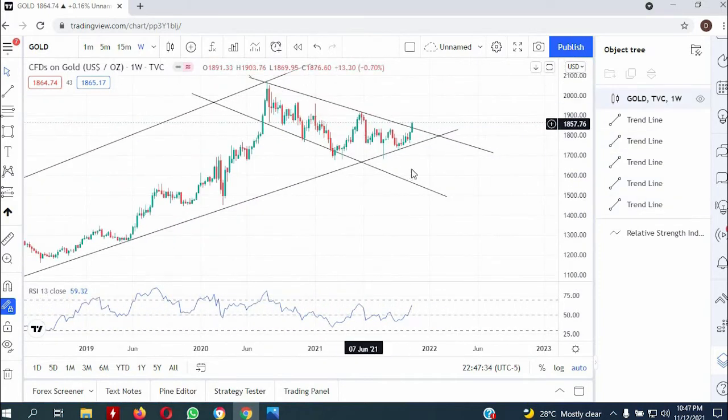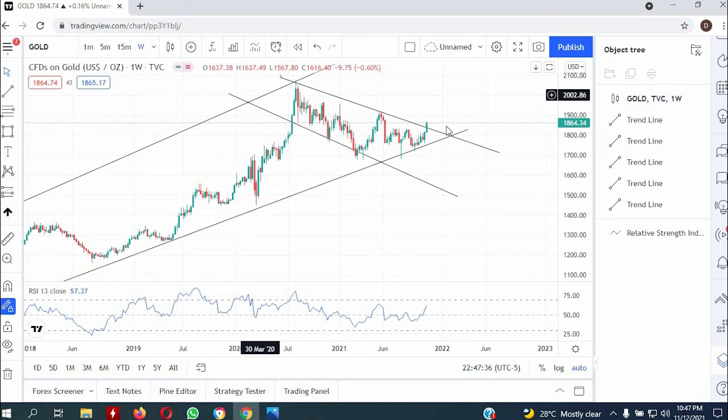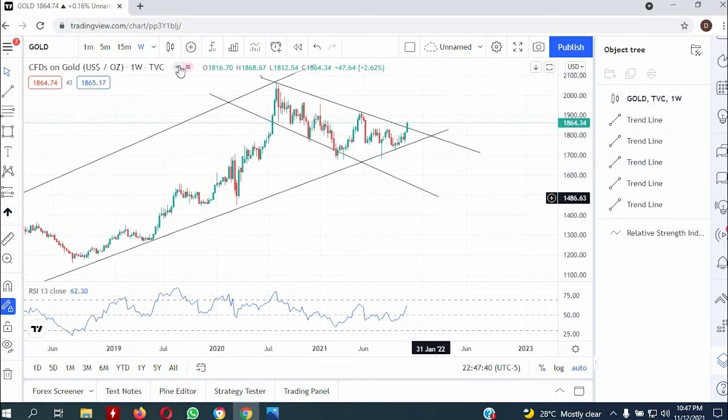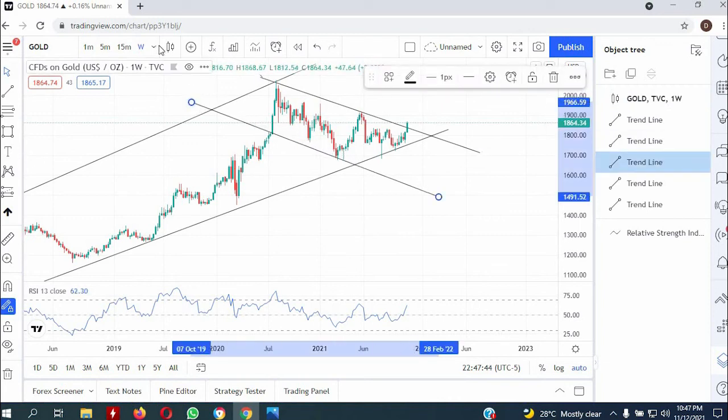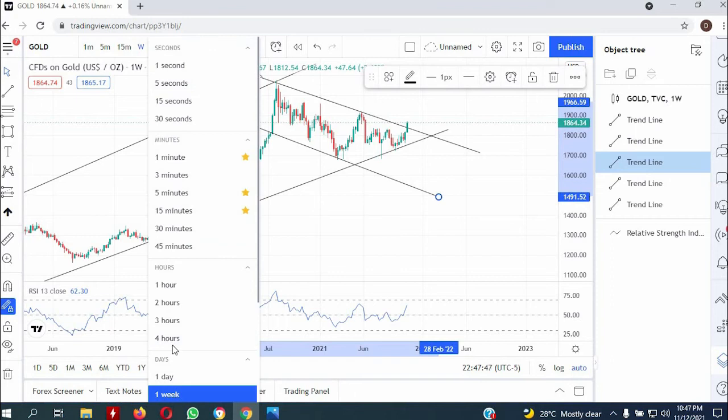This area right here is actually a correction. Let me go down to the daily time frame and see what's going on.